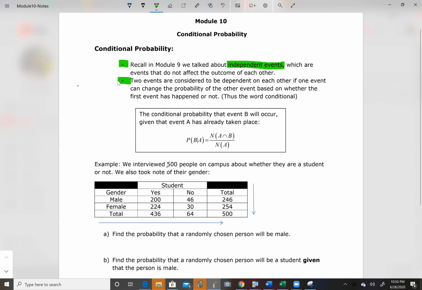Thus the word conditional. So the way we read this notation below is the probability of B given A is equal to the probability of A and B divided by the probability of A. Very important to remember this as we move forward.